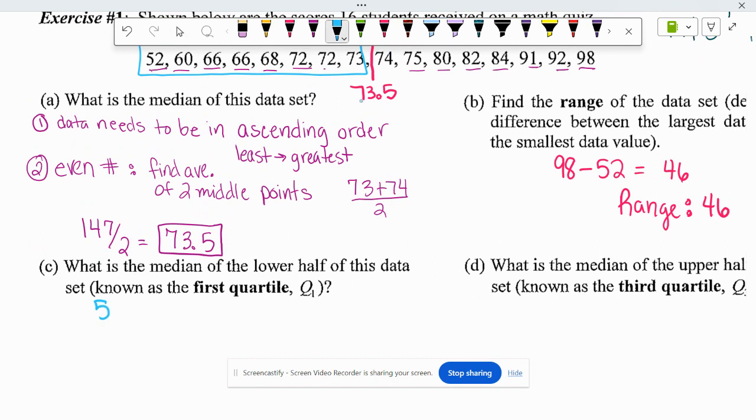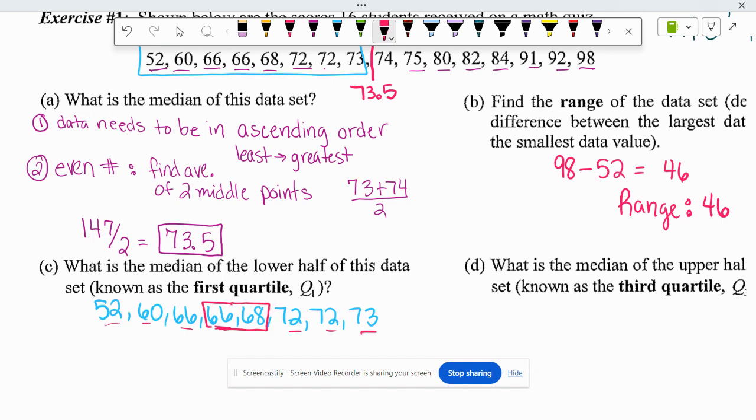My lower half is 52, 60, 66, 66, 68, 72, 72, and 73. That's 8 data points. What's half of 8? 4. 1, 2, 3, 4. Oh my goodness.